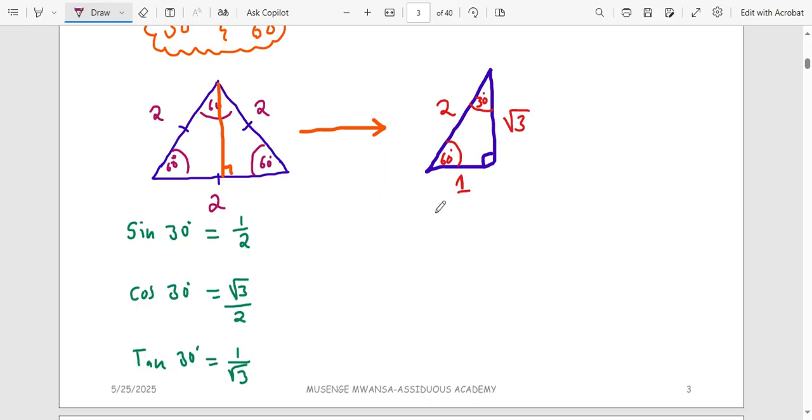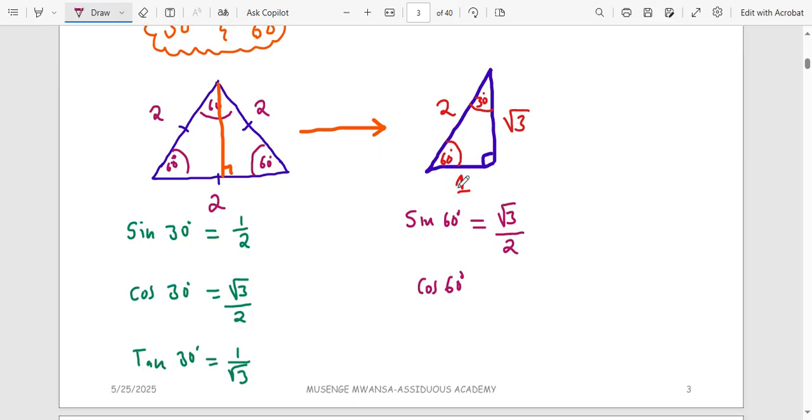Just like that. If we go to 60, we have sine of 60 degrees. Now sine is given by opposite. For 60, the opposite is root 3, and the hypotenuse is still 2. Cosine of 60 is adjacent over hypotenuse.